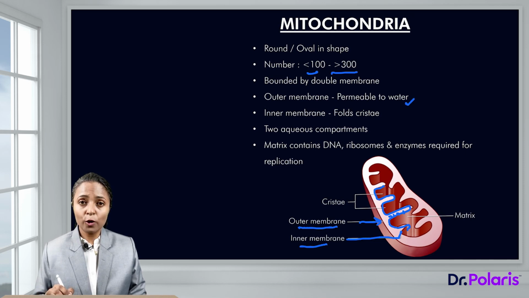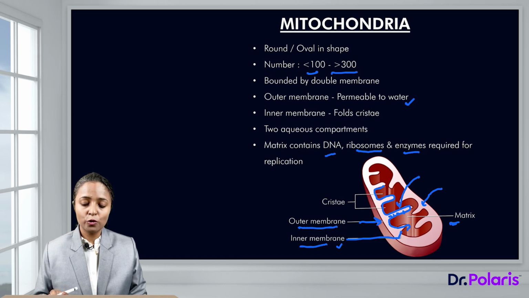So there are two aqueous compartments in the mitochondria. One bound by the inner membrane, the inside one, which is the matrix, and the outer one bound by inner membrane and outer membrane. This matrix contains the DNA, ribosomes, and enzymes which are required for replication of mitochondria.